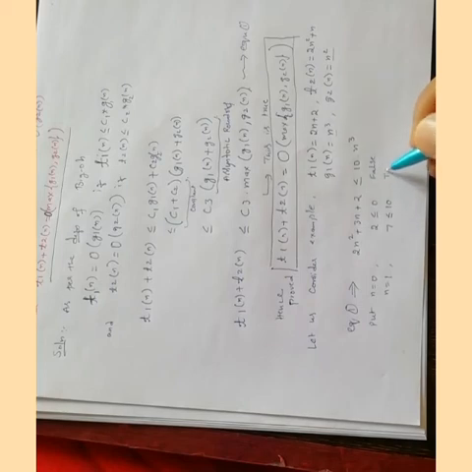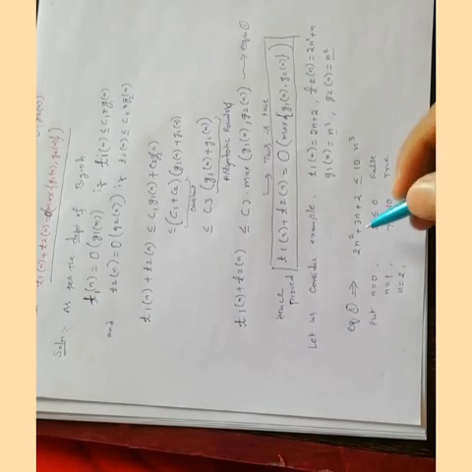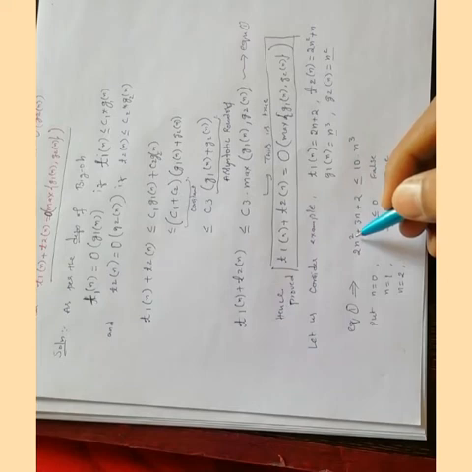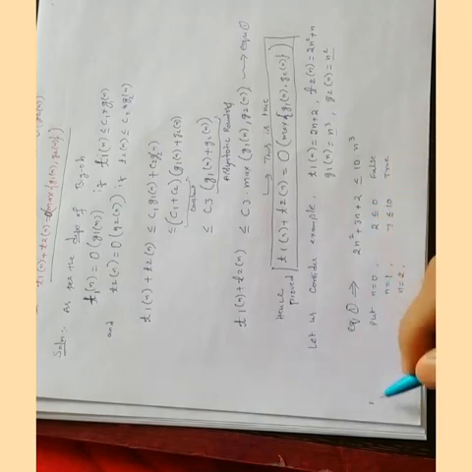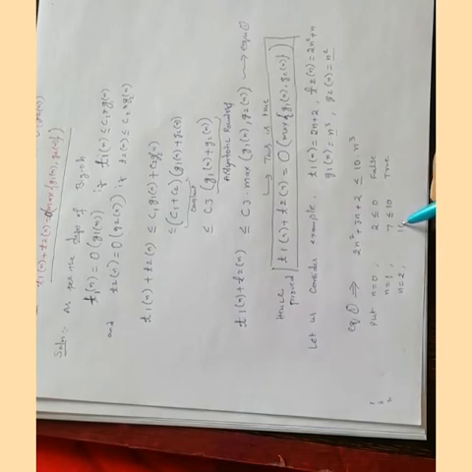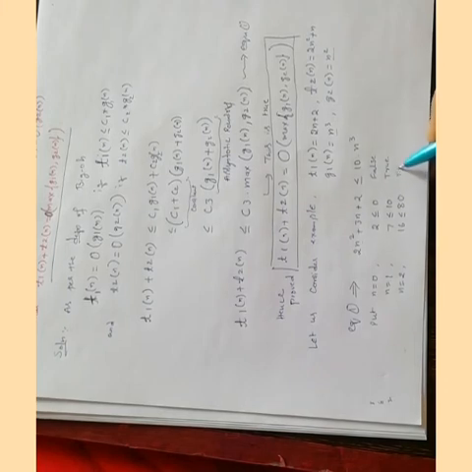Yes, it is true. Next, take one more example, n equal to 2. 2 square is 4, 4 into 2 is 8. 8 plus 3 into 2, 6, plus 2, that is 16, less than or equal to 2 cube, 8, 8 tens are 80. Yes, it is true.